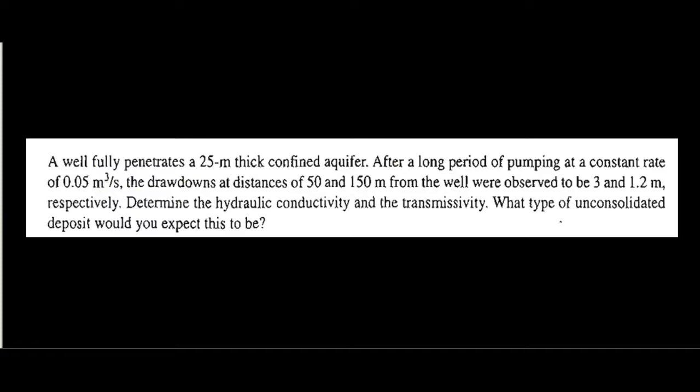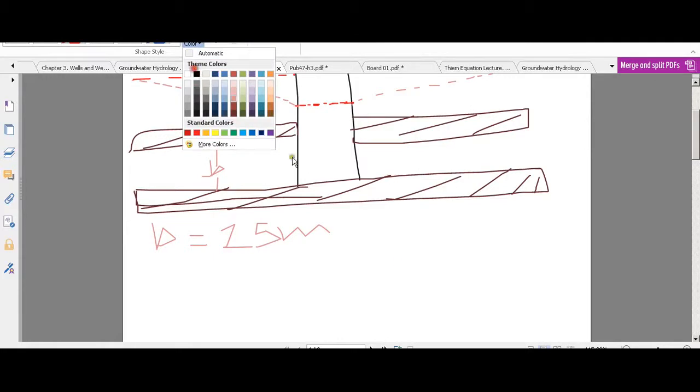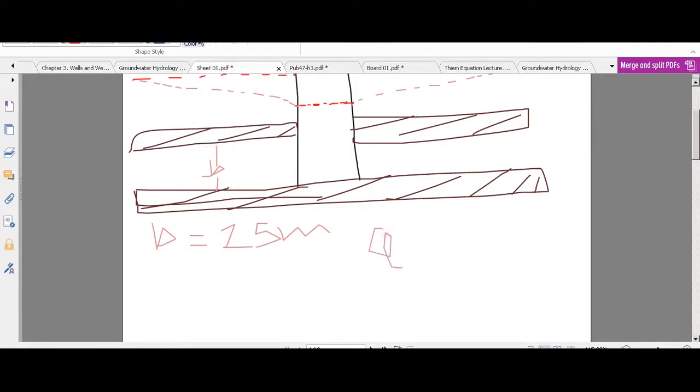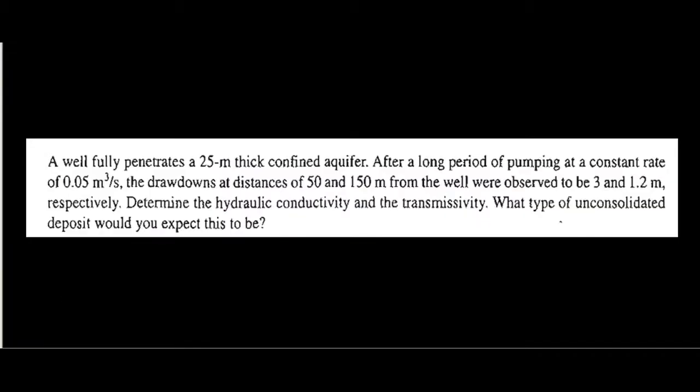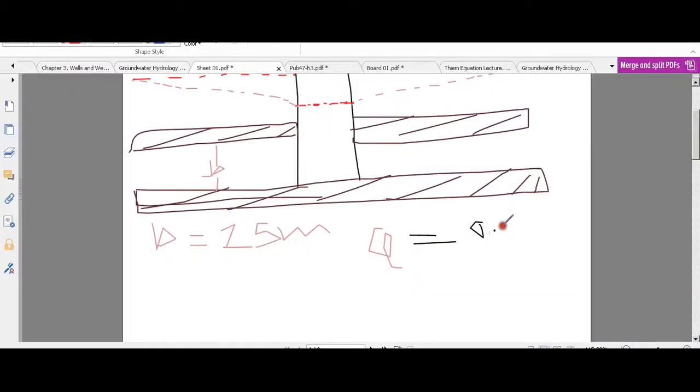So pumping rate Q, I'll use a different color. What is the pumping rate? 0.05 meter cube per second.